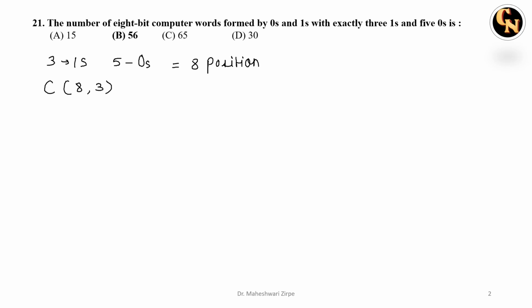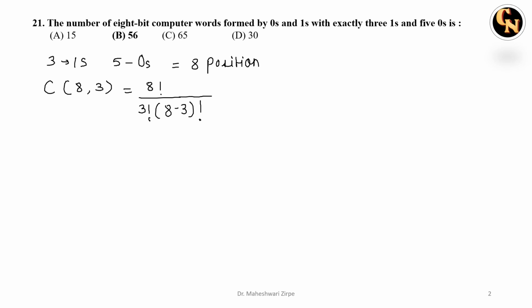So this we can solve using permutation and combination, where 8 factorial upon 3 factorial into (8 minus 3) factorial.